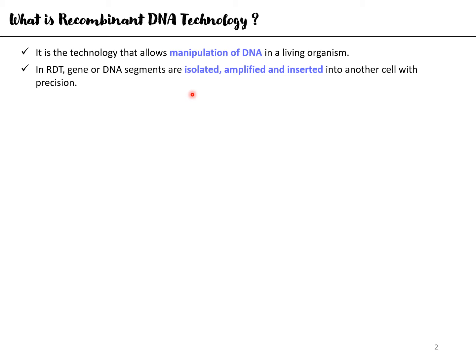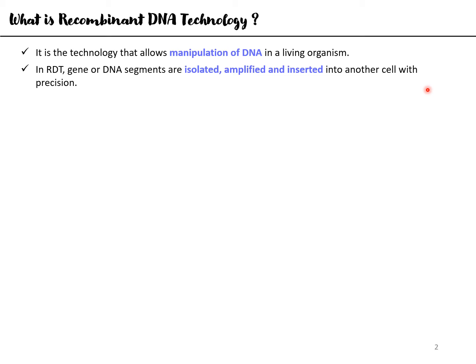So in RDT, DNA segments are isolated, and they're amplified. Obviously, if you have a limited amount of the DNA, then that will not suffice to serve all of your purposes. You can't perform all of your experiments with a limited amount of DNA. So you need to be able to amplify the DNA and then finally insert it into another cell with precision.